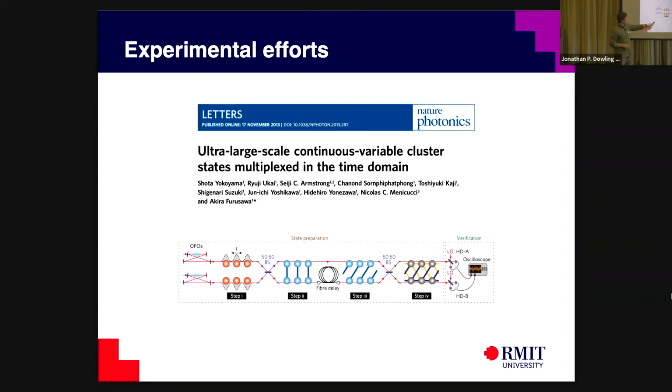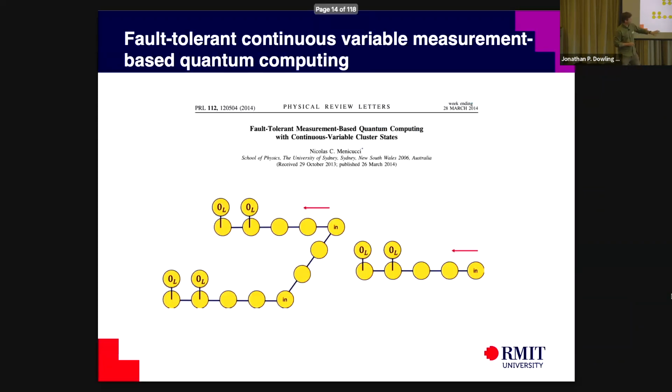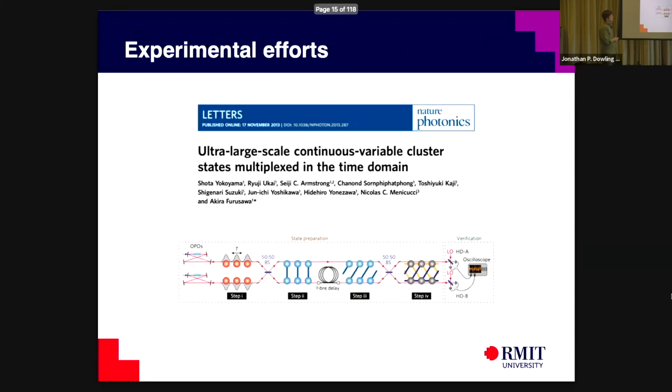This is one example of a single mode cluster state. I'll tell you now, it's equivalent to this sort of thing. Ignore GKP. It's equivalent to this little line of nodes. So you have two optical parametric oscillators that give you some squeezed light, and you logically slice it up into time bins. Then you interact them via a beam splitter to create these two-mode squeezed states. After delaying one of them, you then interact them with another beam splitter.